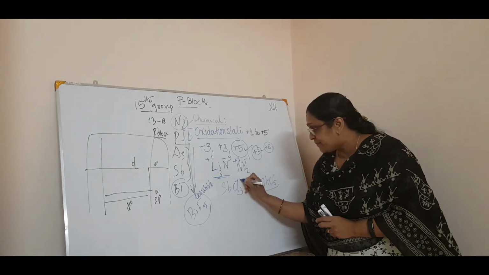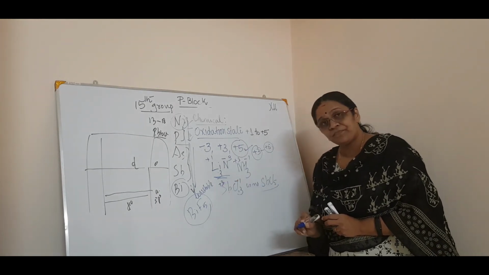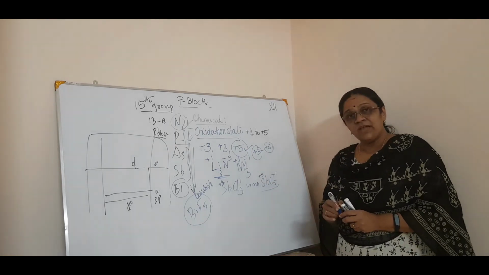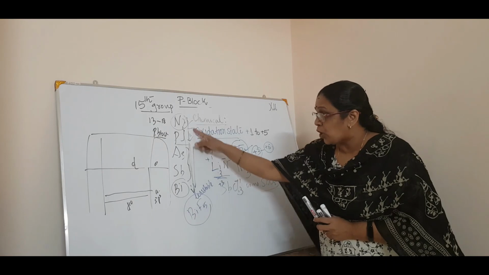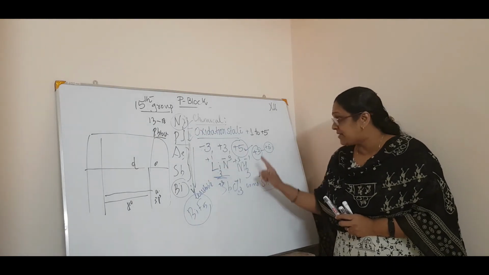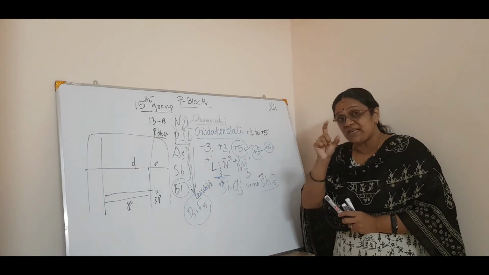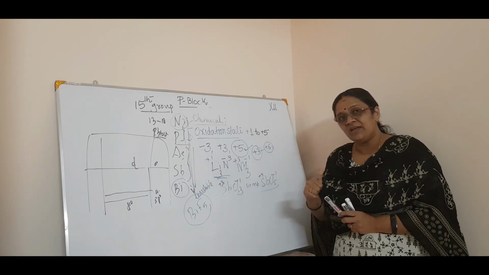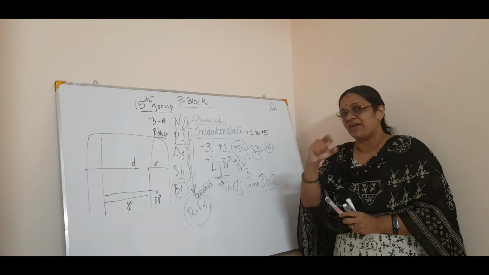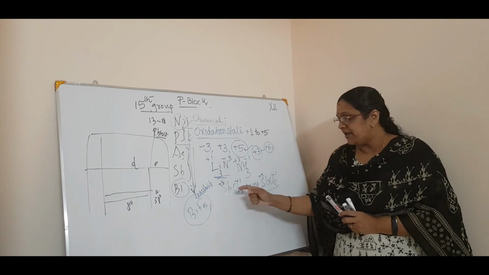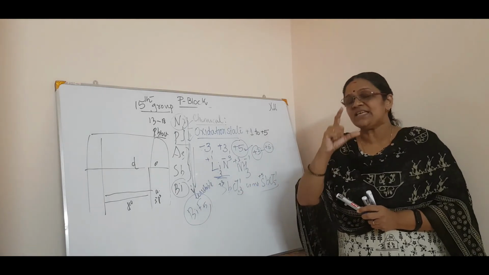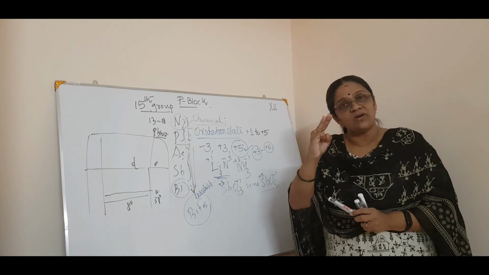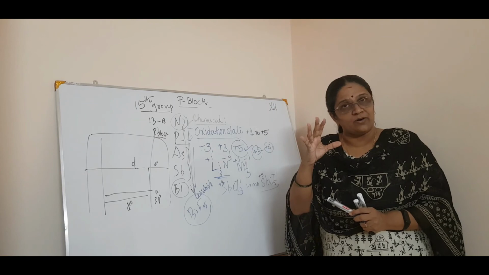Then you look for the oxidation state. This is -1, this is +3, correct? Now this is -1, this is +5. Now you know it is coming from top to bottom. Then what is the effect that takes place from top to bottom in that group? In all the groups especially, it is the inert pair effect. That is why I told you what happens in the inert pair effect. They will only make 3 covalent bonds instead of 5 covalent bonds, isn't it?